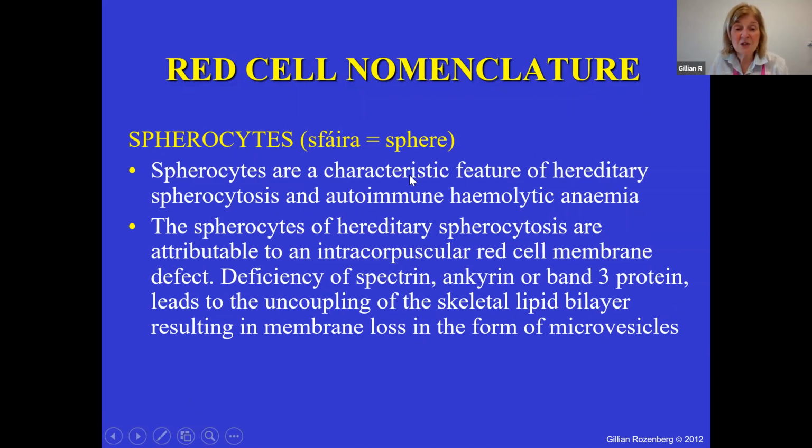Spherocytes are a characteristic feature of hereditary spherocytosis and autoimmune hemolytic anemia. The spherocytes of hereditary spherocytosis are attributable to an intracorpuscular red cell membrane defect.